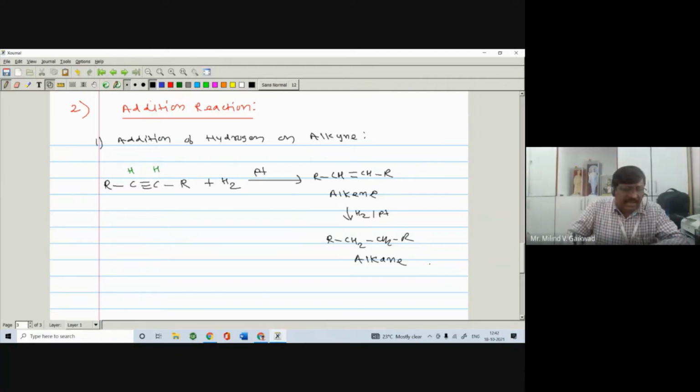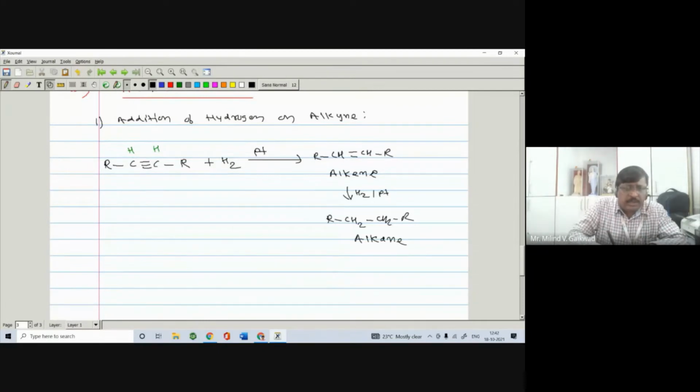But suppose you carry out the reaction with a catalyst like this one: here is the alkyne, R triple bond R', where R and R' may be the same or different. If it undergoes hydrogenation in the presence of palladium and barium carbonate, this reaction is very important.